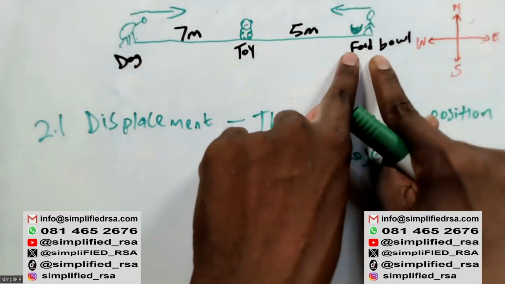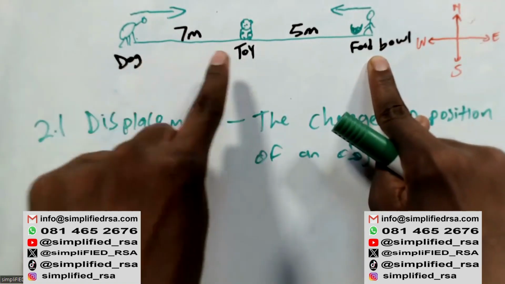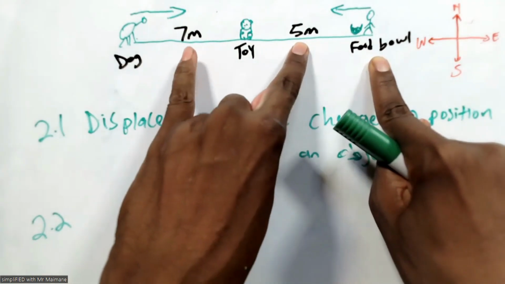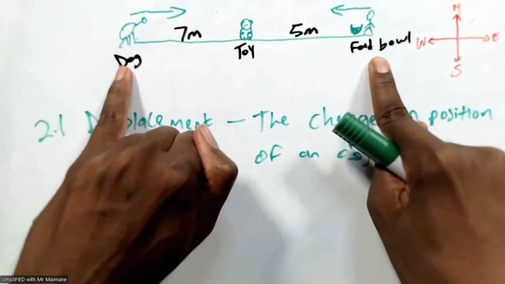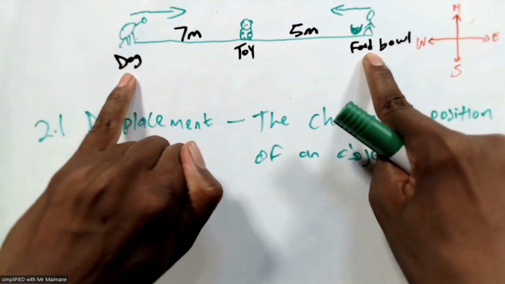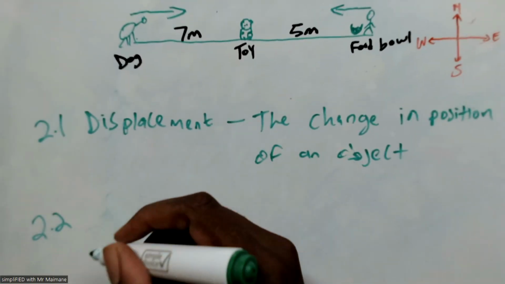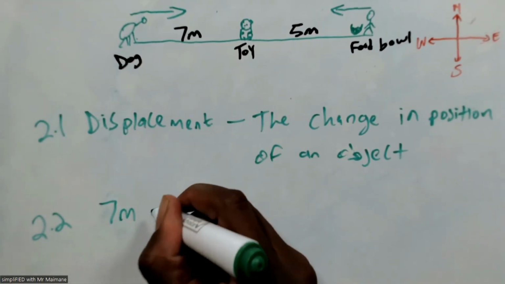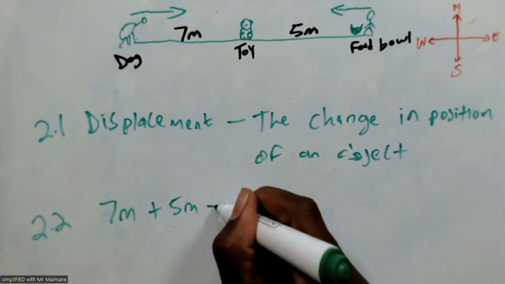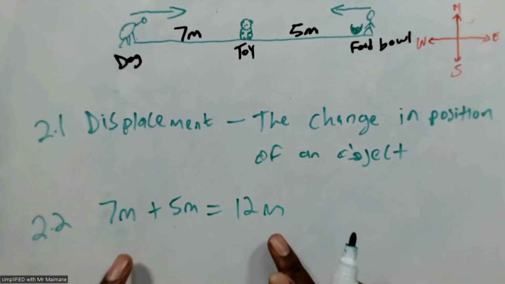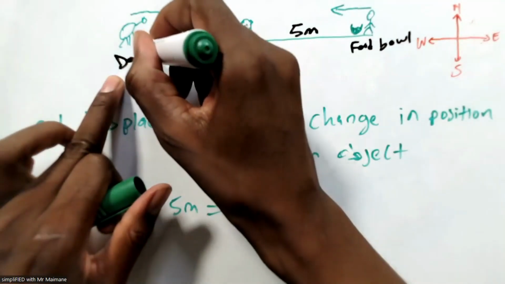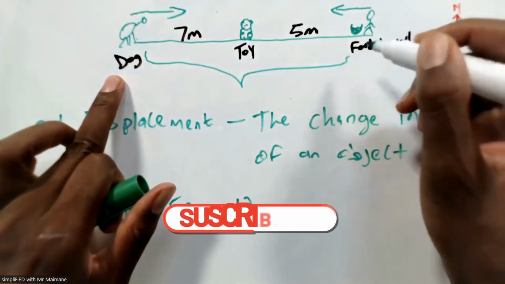The boy is seeing the dog 5 meters plus 7 meters away from him in the west direction. So 7 meters plus 5 meters is equal to 12 meters. That's the distance the dog is away from the boy.